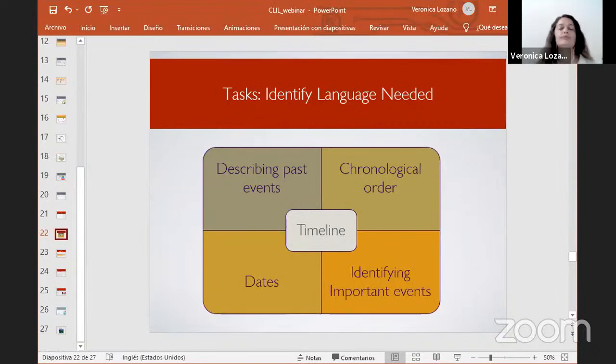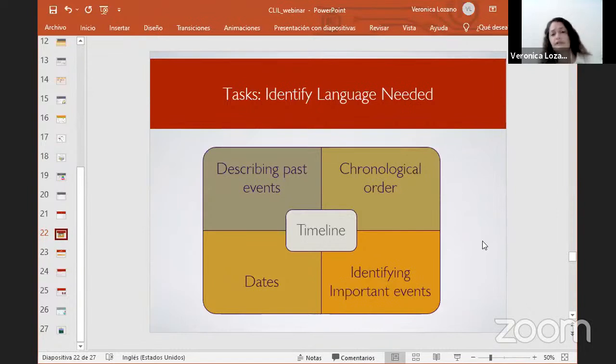How to express events in a chronological order. Remembering, being able to express dates. Probably the prepositions there would be very important. And identifying important events. You might want to use a graphic organizer to do this.